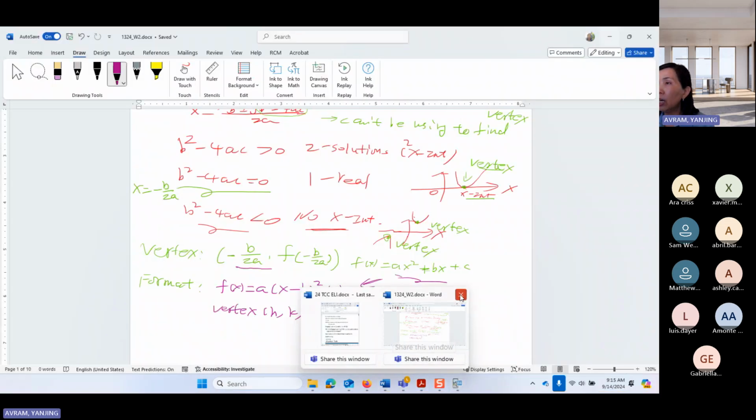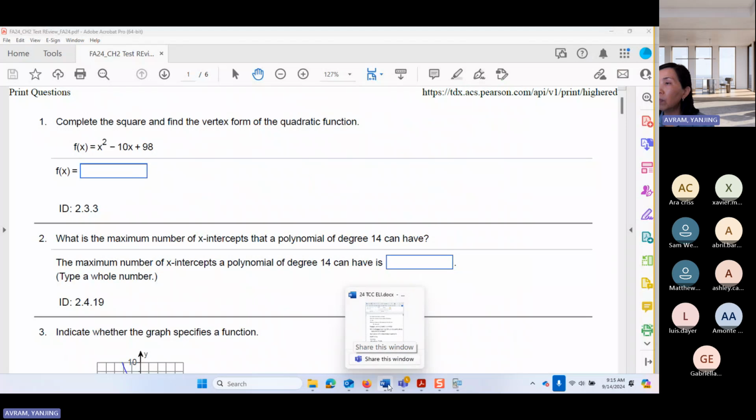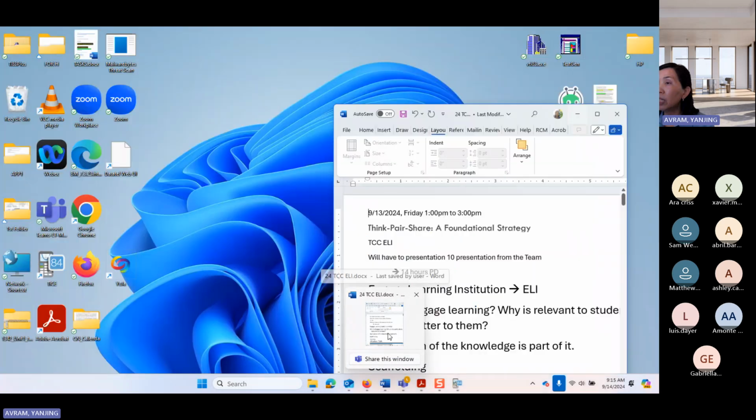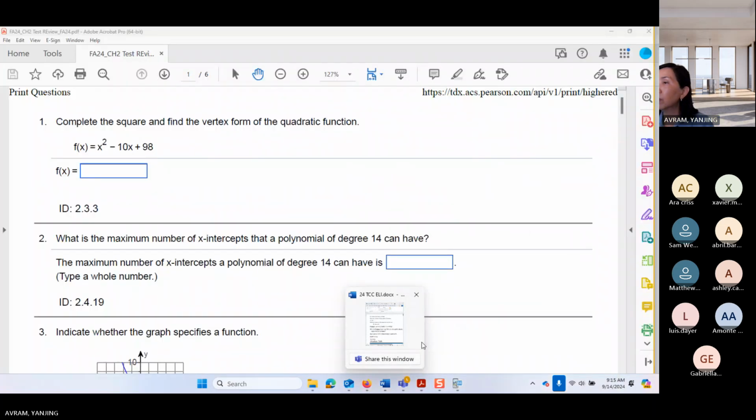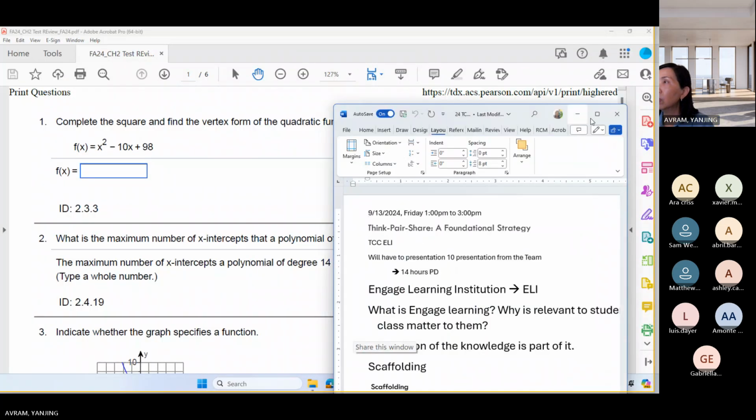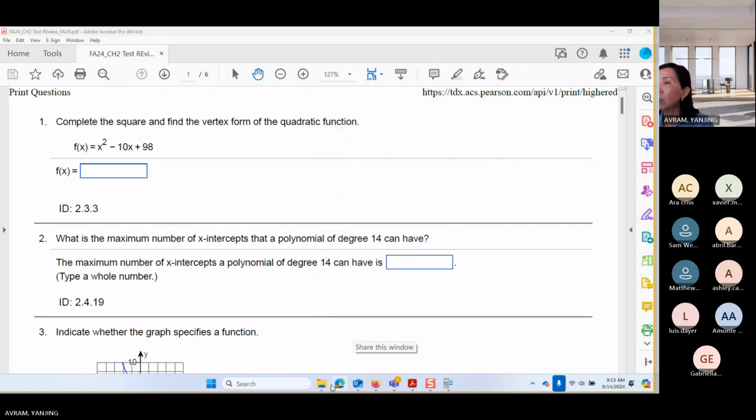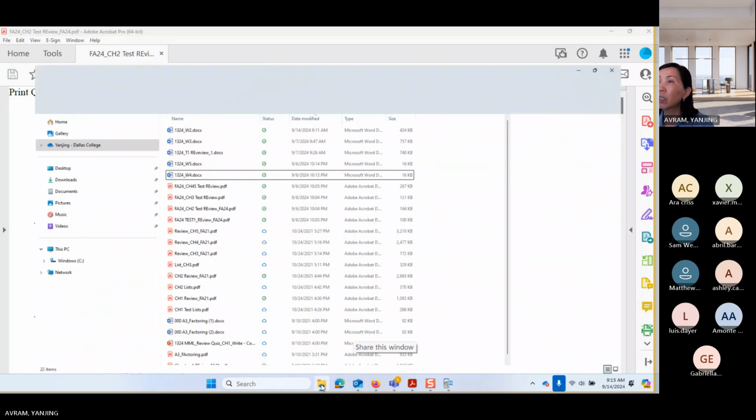We said earlier, using the formula, but in this case it asks us to... all right, let me close that one.